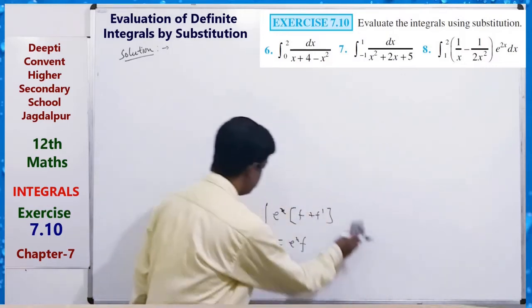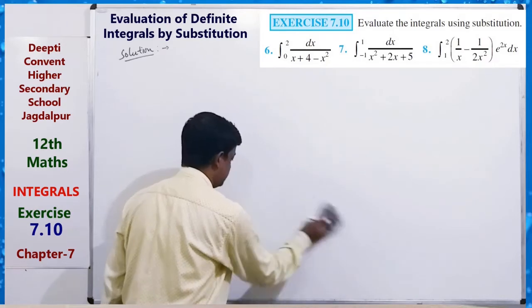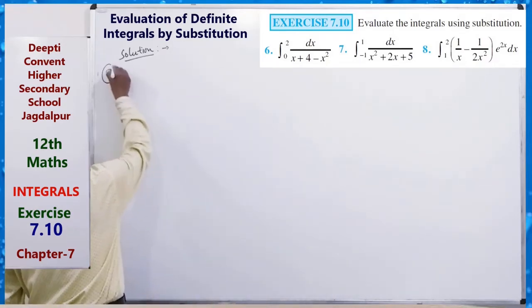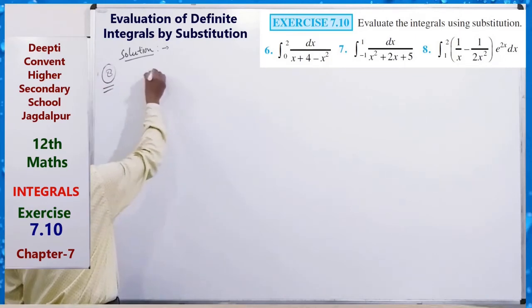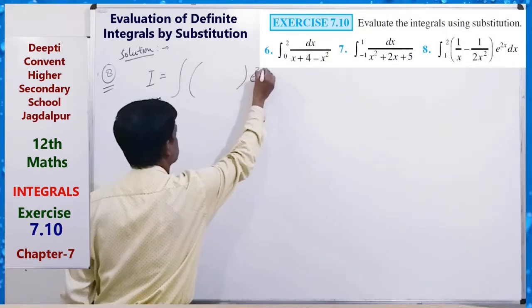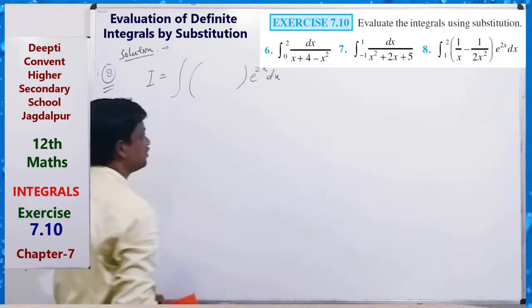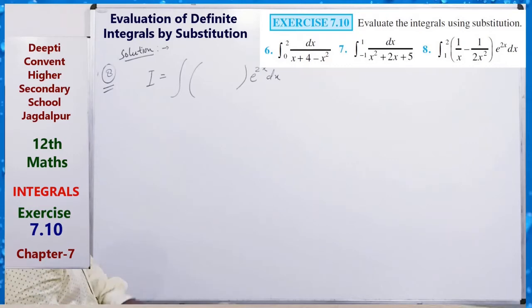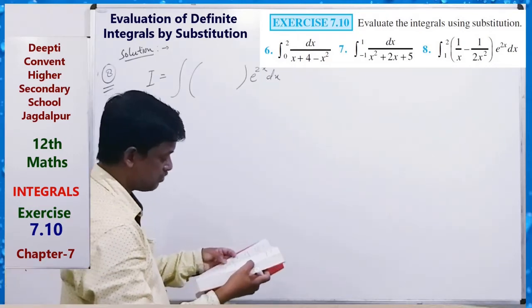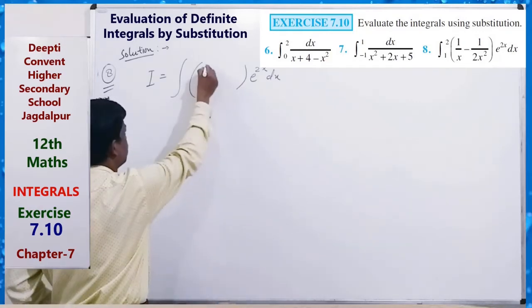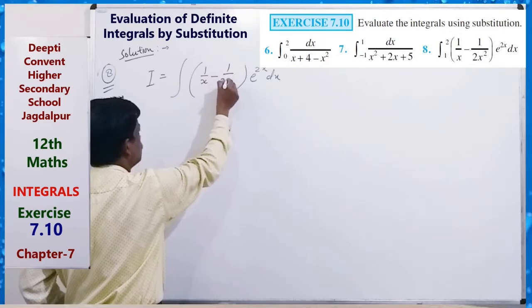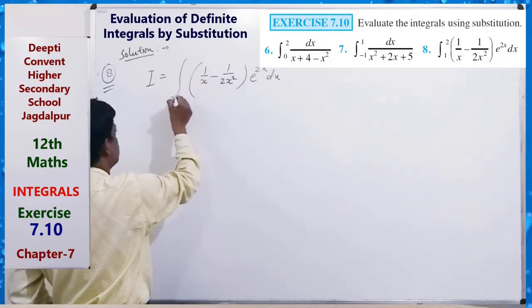E to the power x, a single variable function plus its derivative. Now we are trying to solve question 8. The given integral equals e to the power 2x times (1 by x minus 1 upon 2x square) dx, with limits 1 to 2.